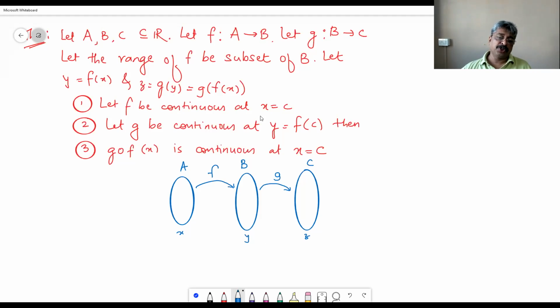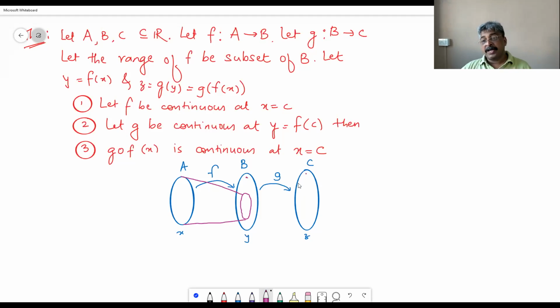Now when we want the composition g of f of x, all the elements present here will have their images in B, and there will be a range of images of all x's in set A. Then we operate with the function g defined from B to C. There could be yet another element here who is getting converted under g and becoming somebody here. That is fine.